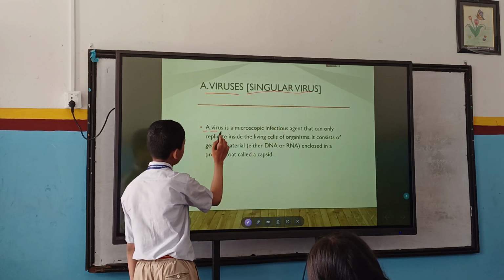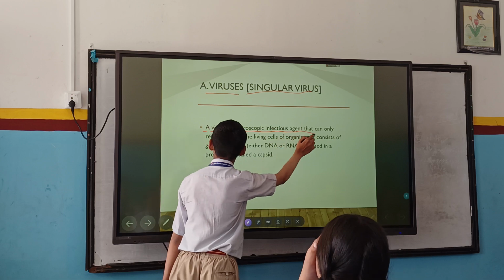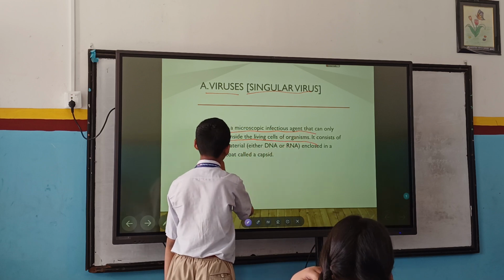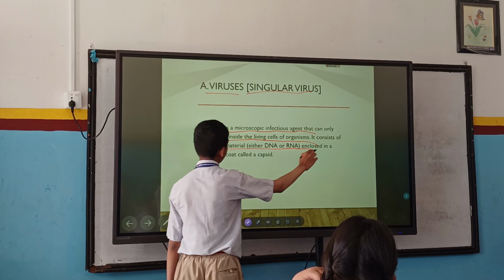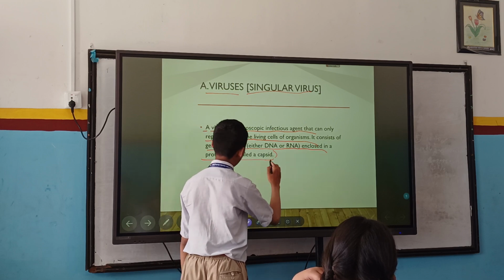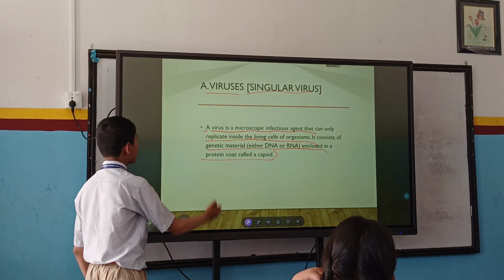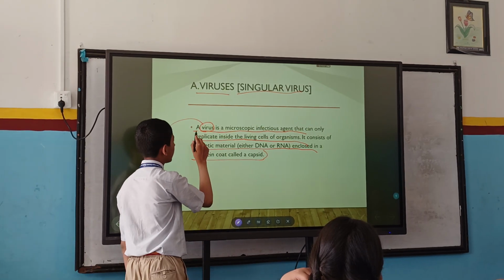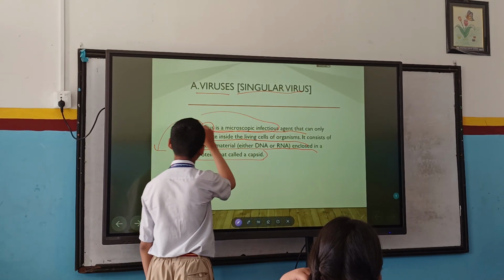A virus is a microscopic infectious agent that can only replicate inside the living cells of organisms. It consists of genetic material, either DNA or RNA, enclosed in a protein coat called capsid. We are familiar with virus. It says that a virus is a microscopic, infectious agent.